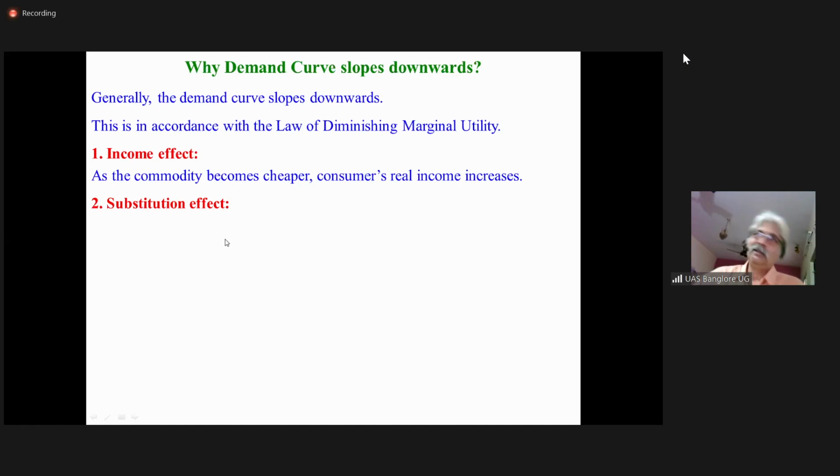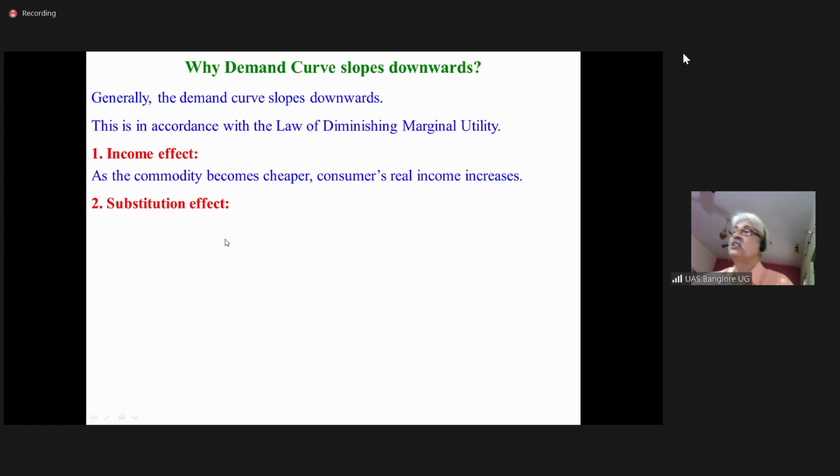If you like both coffee and tea, and you're not specific only about coffee or only about tea, you can consume any one of them. Definitely, when the price of coffee goes to a very high level, you will substitute tea for coffee. If coffee is 16 rupees per cup and tea is only 10 rupees per cup, though you usually consume coffee, you may switch over to tea because it is cheaper.